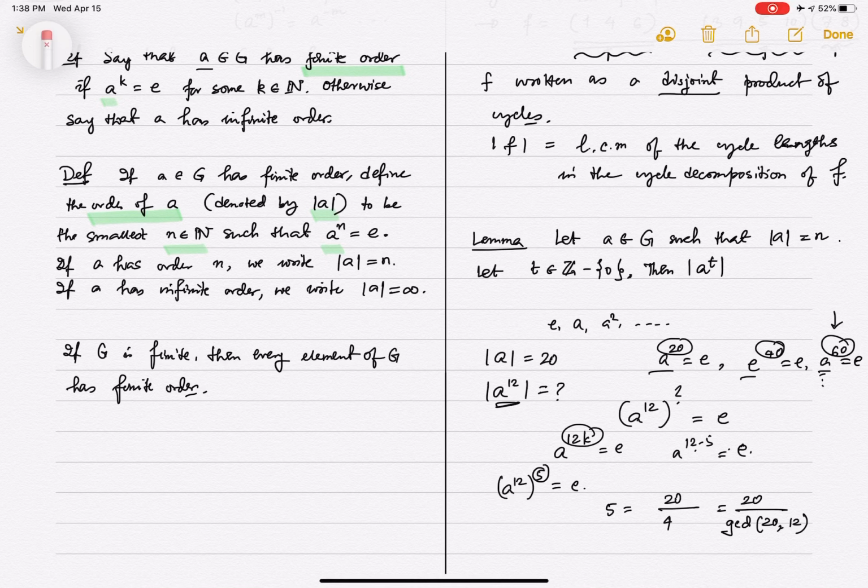Because you wanted this product to be a multiple of 20, and this is the smallest number for which 12 times a number is going to be a multiple of 20. Because the 4 is already in there, so you at least need a 5. So the answer is n divided by GCD of n and t. Okay. Maybe we'll prove it next time.